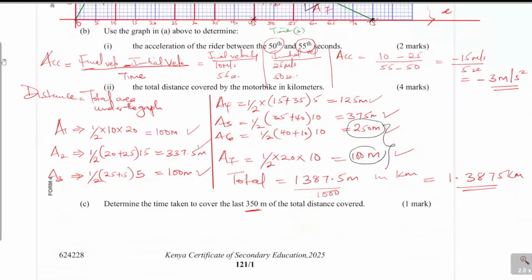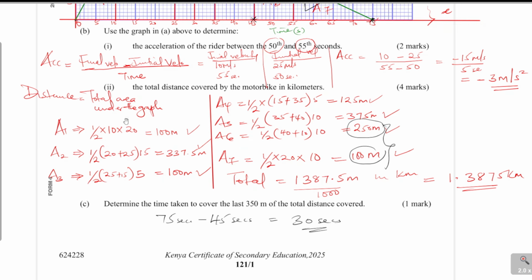That is the time. So 75 subtract 45 seconds will give 30 seconds.